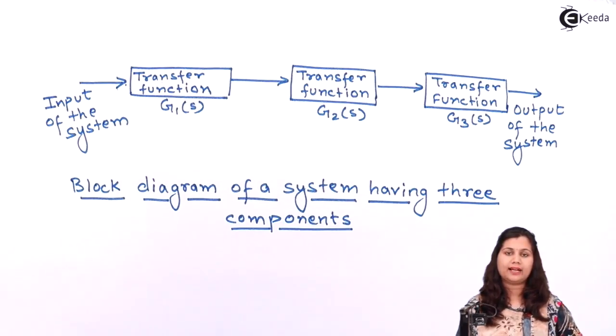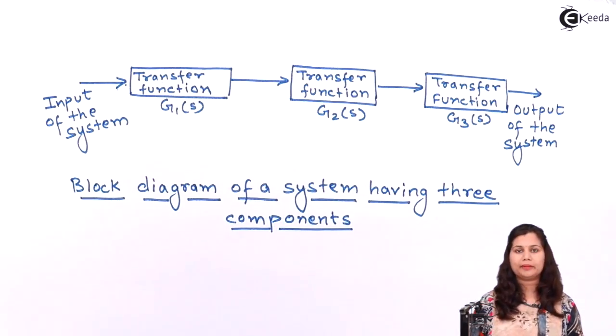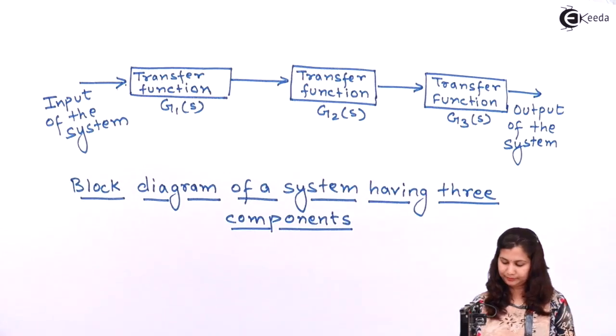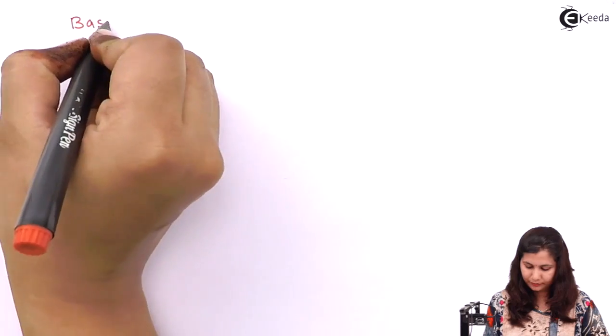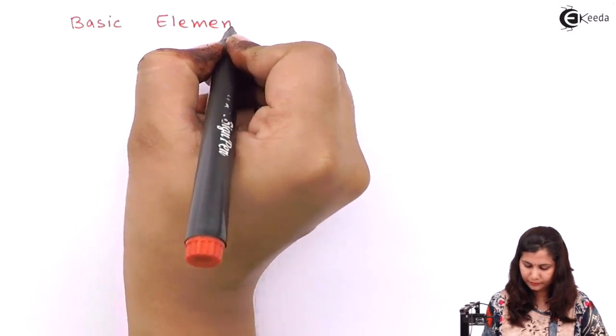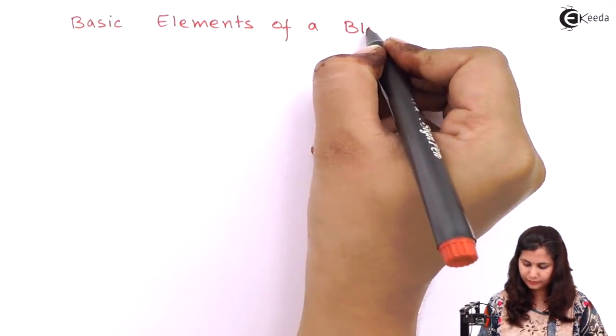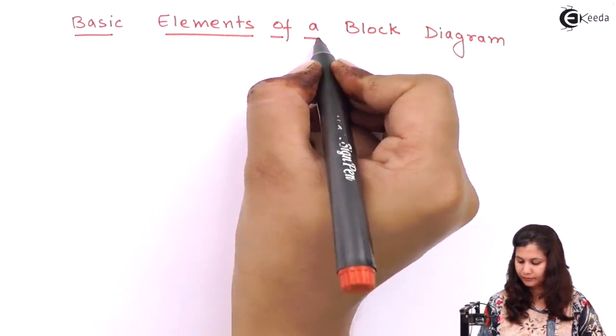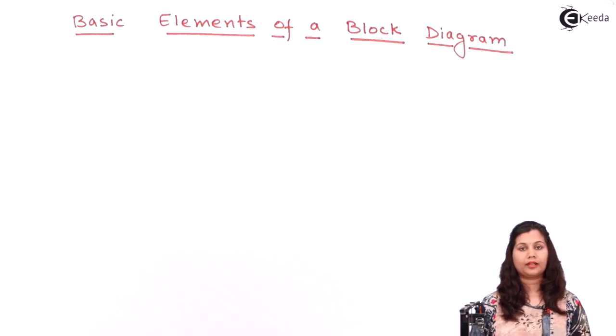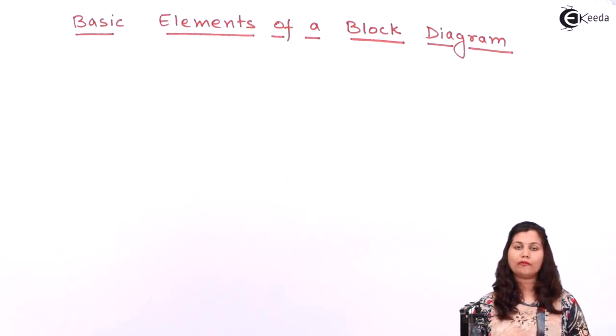Now let us study what the basic elements of a block diagram are. The first basic element of a block diagram is a block.